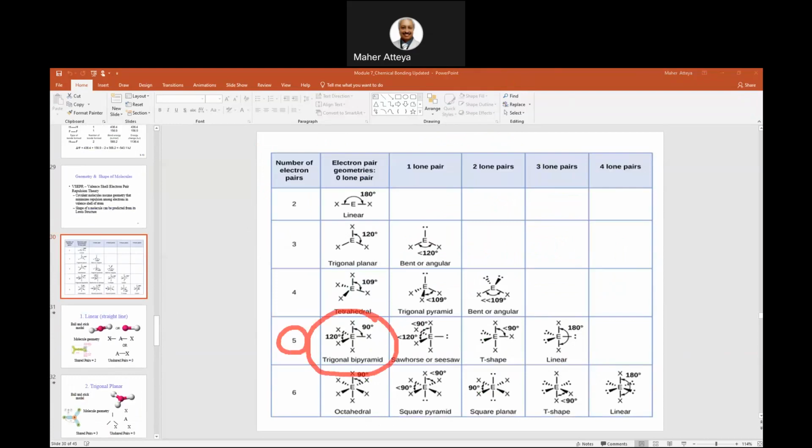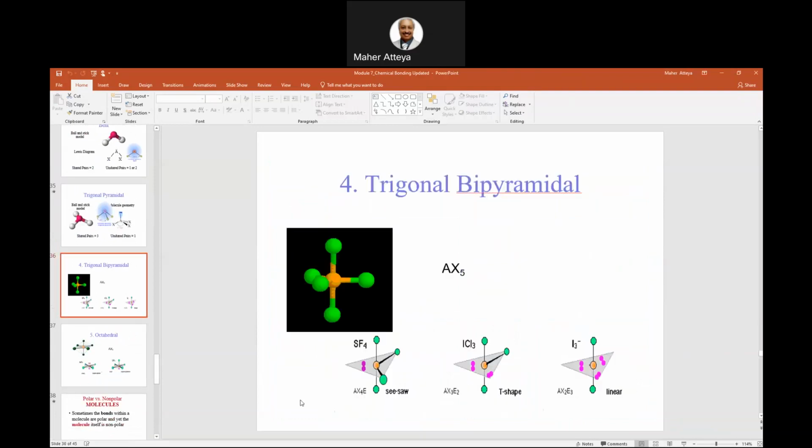Now, if I start introducing to this molecule or other molecules the lone pair, then I will have a different shape. So here it is. I've introduced 1 lone pair set, 2 lone pair sets. So I replaced the chloride. So 2 chlorides are out. That will be T shape.